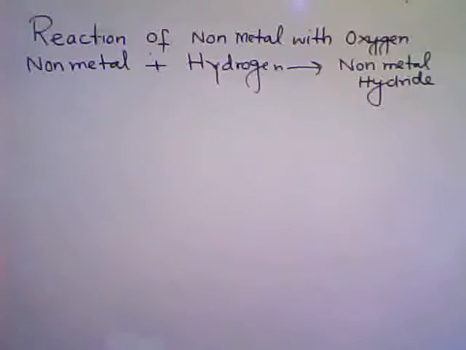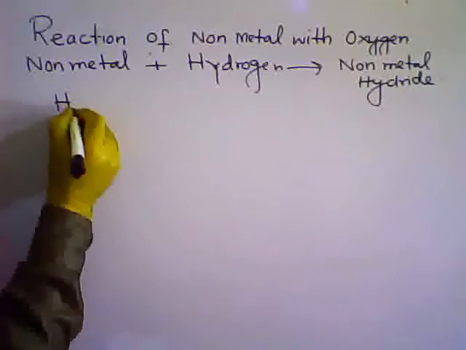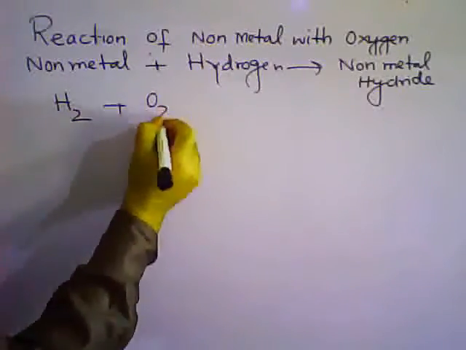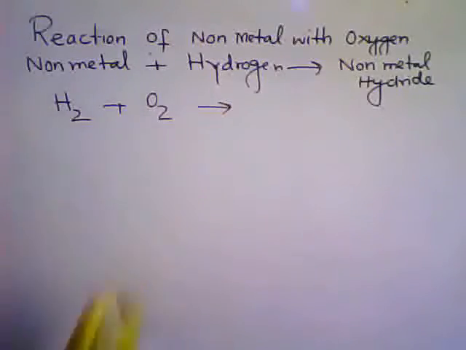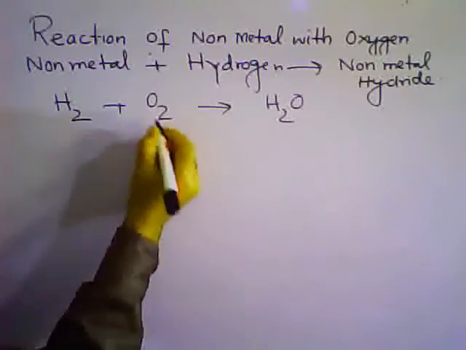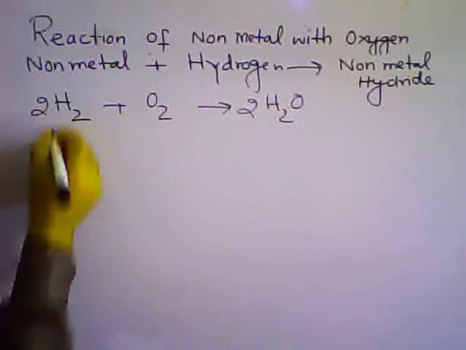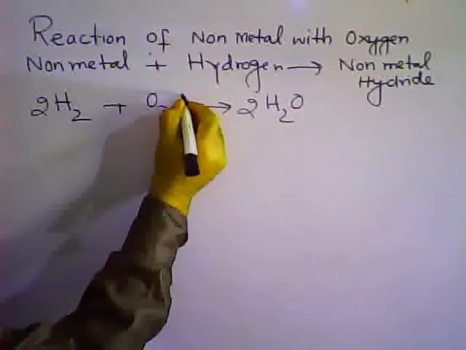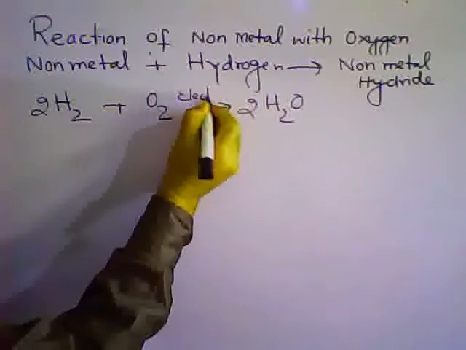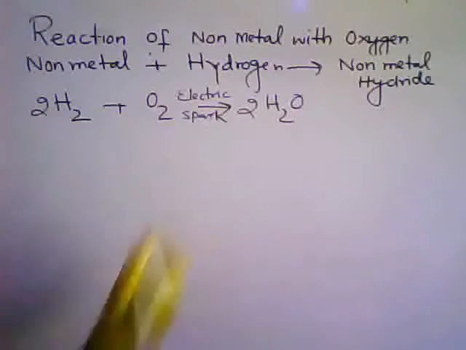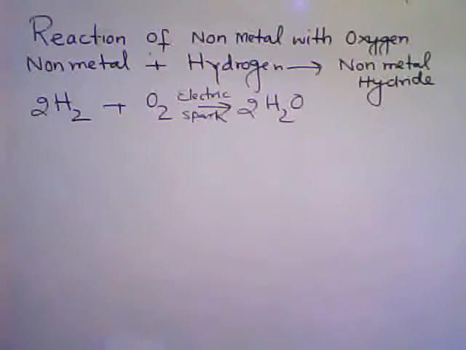For example, if we react hydrogen with oxygen, the product formed will be water. Balancing it, we have twice here. This reaction occurs when we pass an electric spark.